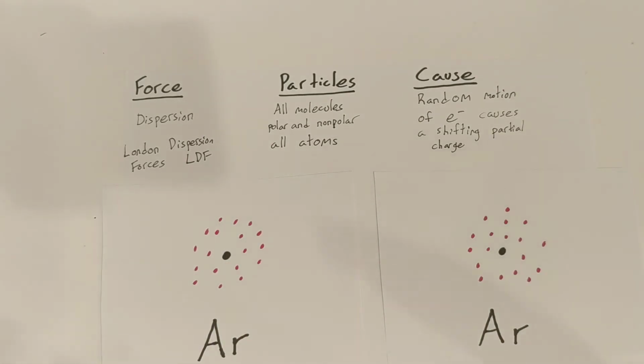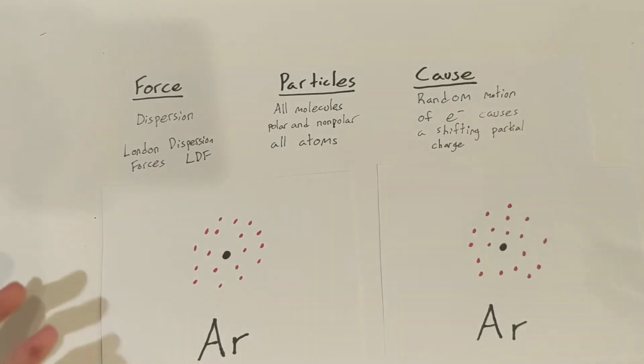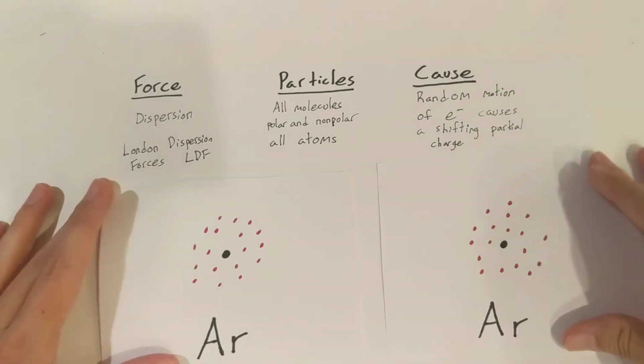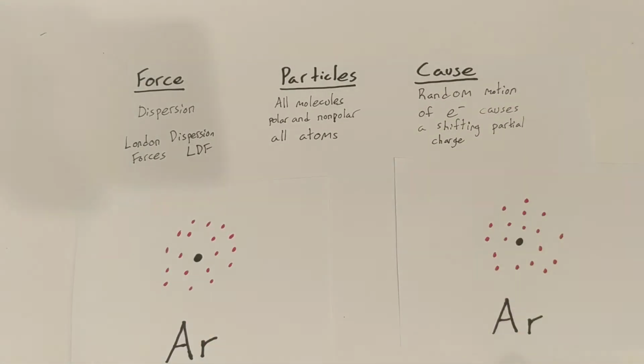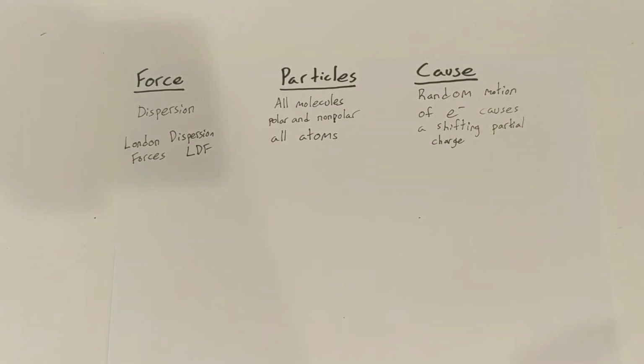The more electrons you have in your atom or in your molecule, the more random movement you're going to have, and the more possibility of it shifting and causing a partial charge. So that means the more electrons we have, the stronger our dispersion force is.